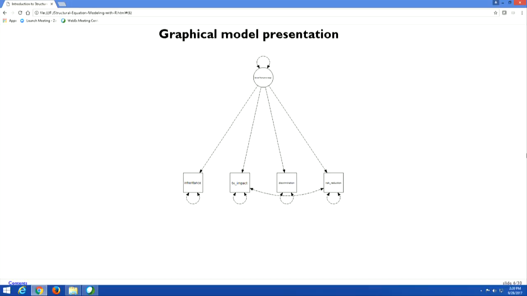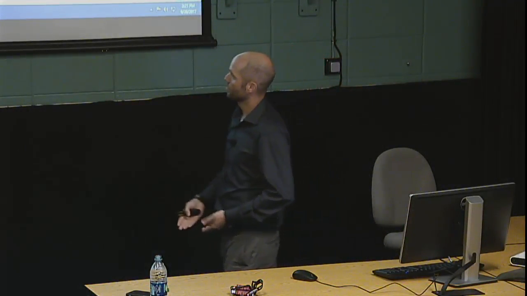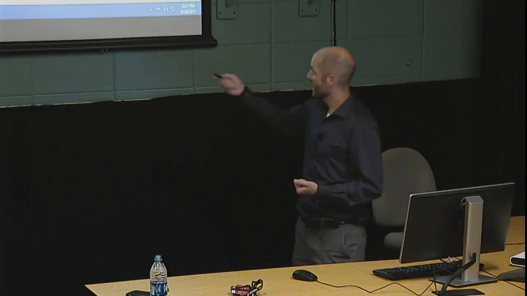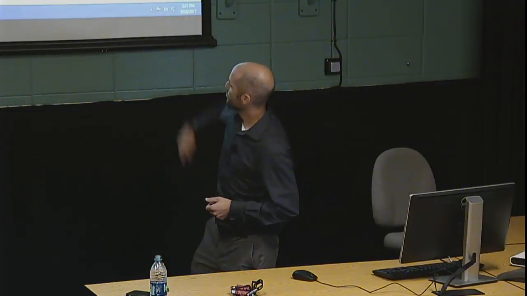There's a correlation between those two variables, but we don't make any causal assumptions there. We're just estimating covariance, or a correlation, or some association between those two variables, but we don't know which causes what. And in this case, since you see that there are arrows pointing to them, it will be a residual covariance, which we'll talk about more later.